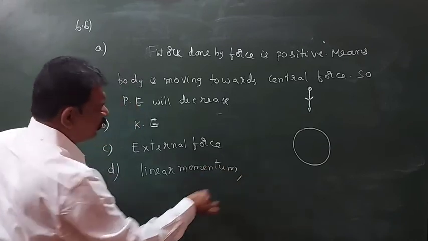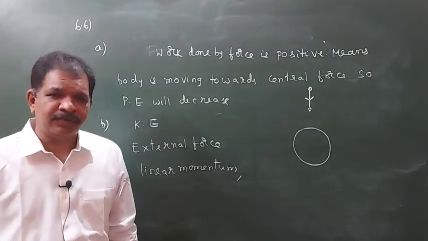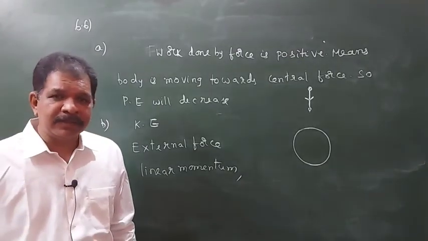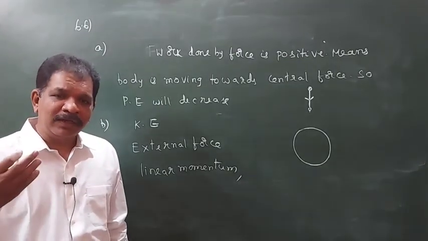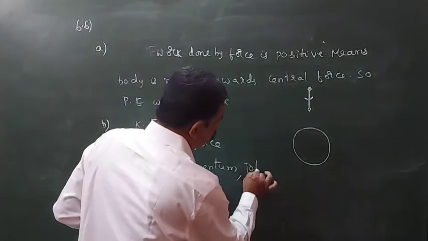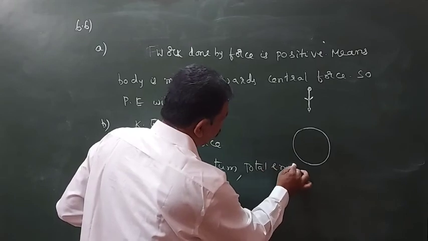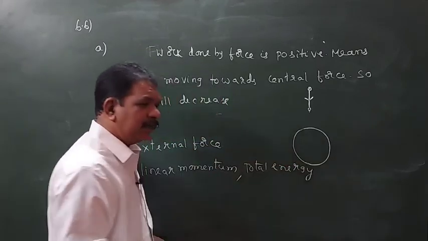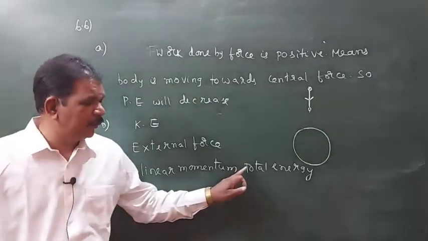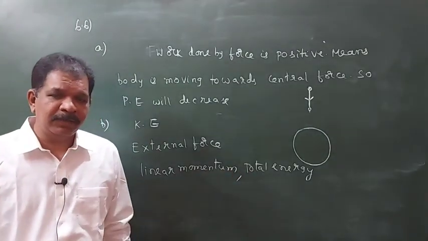Kinetic energy will not be conserved. Clear? And one more, what will be conserved is total energy, for any system that will be conserved. So total kinetic energy will not be conserved, but linear momentum and total energy will be conserved.